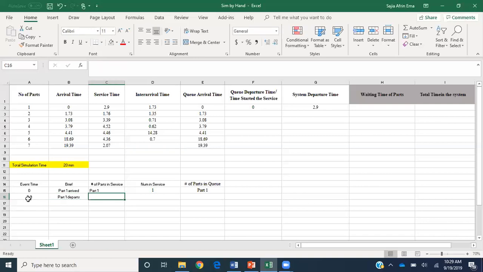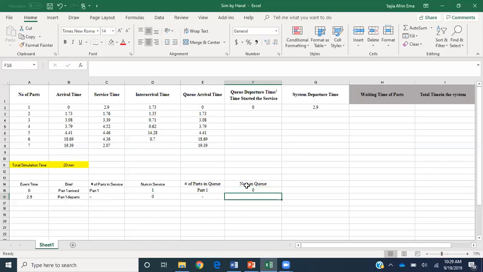Number of parts in service at this time, I'll think there will be no part in service, so 0. And then number of parts in queue, I'll think 0, right? And then I'll put another column, number in queue.